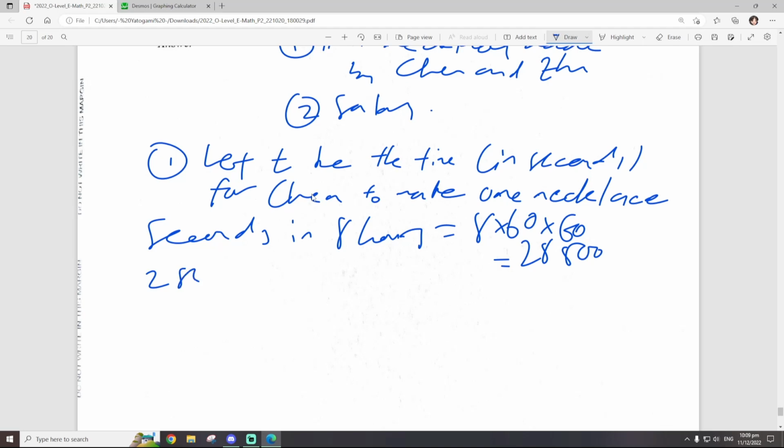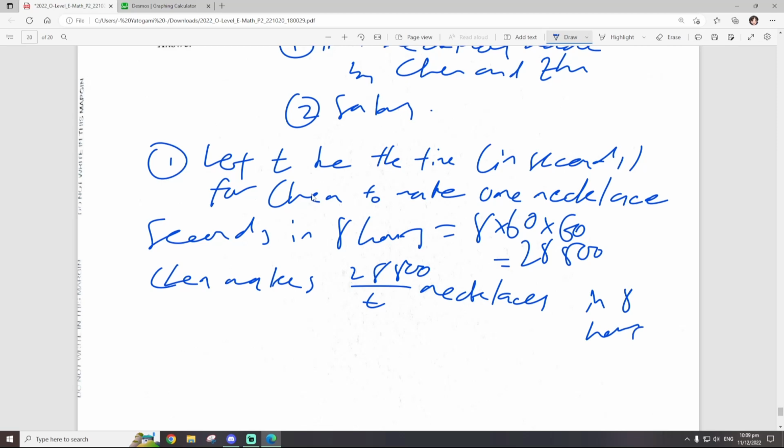So therefore the total number: Chen makes 28,800 divided by t necklaces in 8 hours, and Zhu makes 28,800 divided by t minus 80.